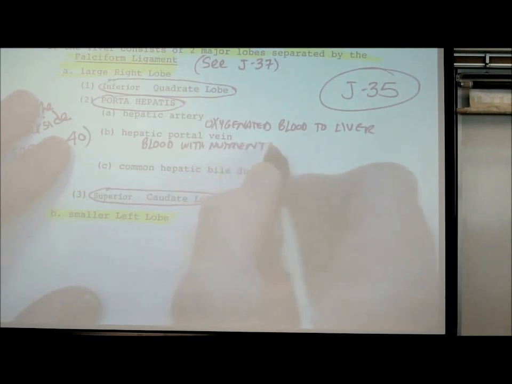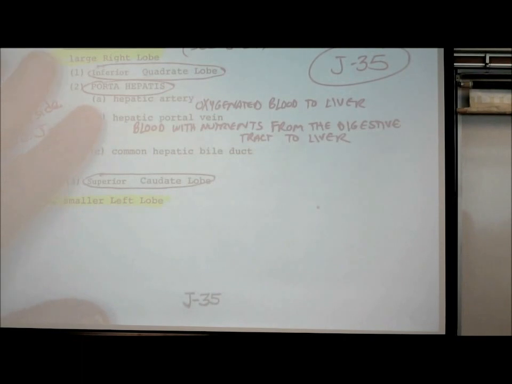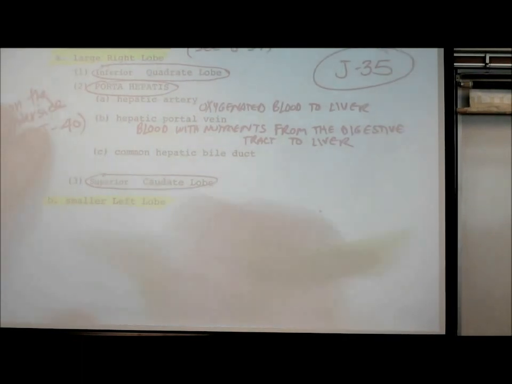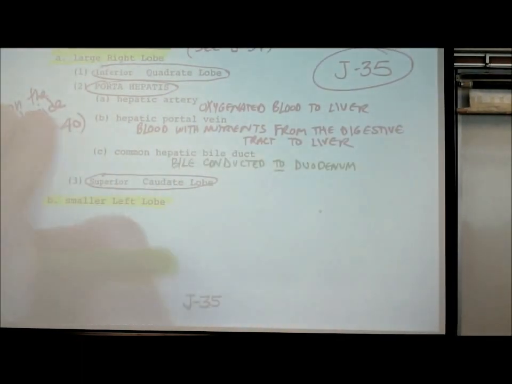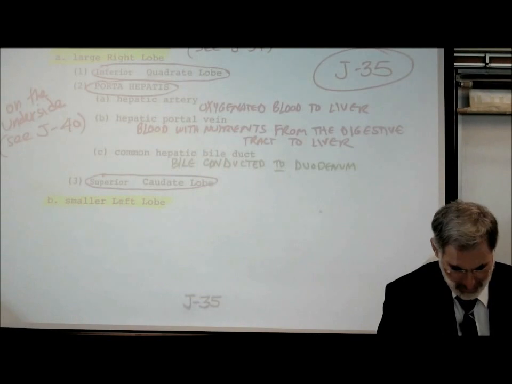Water-soluble nutrients absorbed from the digestive tract. And the bile ducts carry bile to the duodenum. Okay, so those are the 3 tubes associated with the liver.